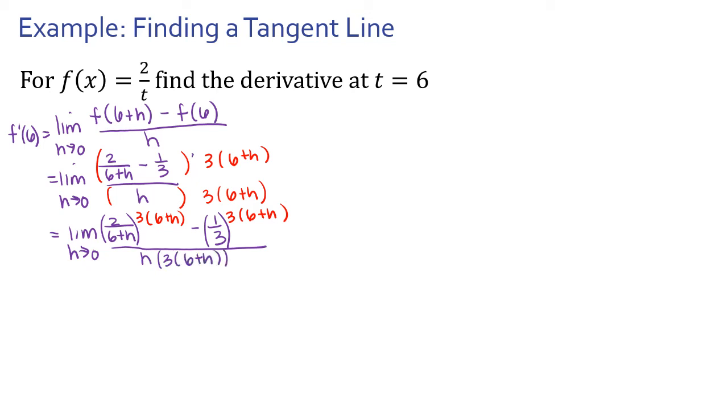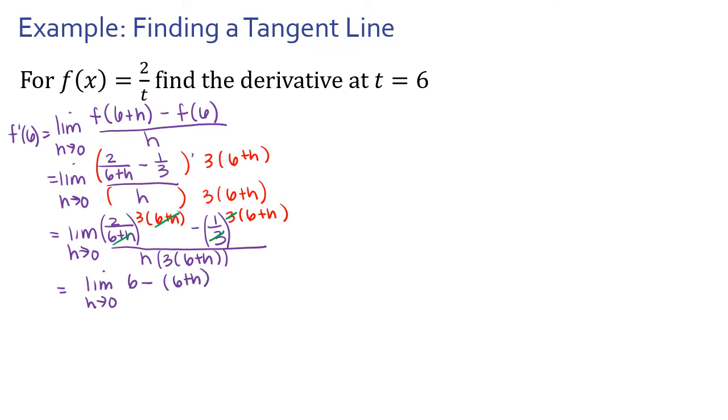Okay, so when I go to simplify this now, these 6 plus h values cancel, and I'm left with 2 times 3, which is 6. Over here, I'm left with the 3's cancel, and I'm left with minus 1 times 6 plus h.